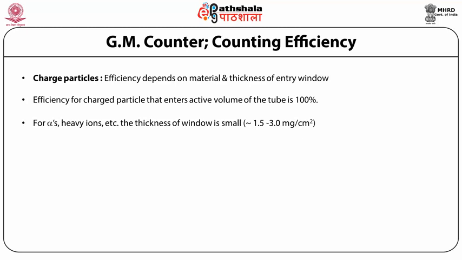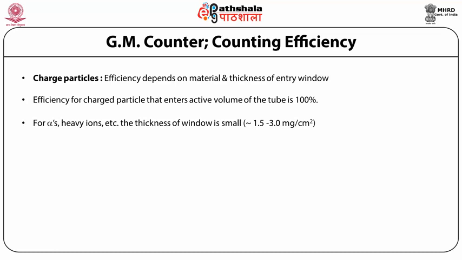So if the intention is to detect and count alpha particles using GM tubes, the window must be of very small thickness. Only then will the alpha particle pass that window and enter the detector to create its impression.